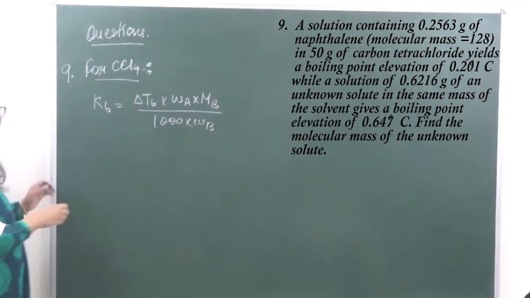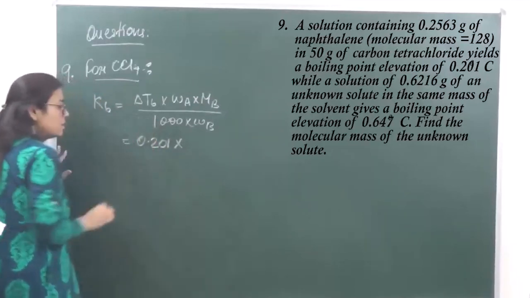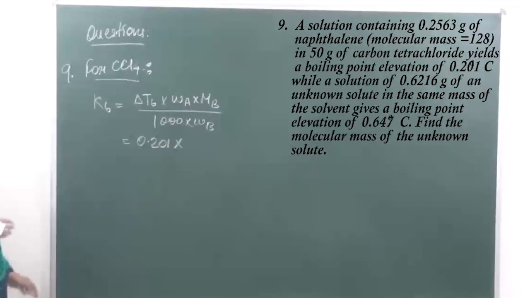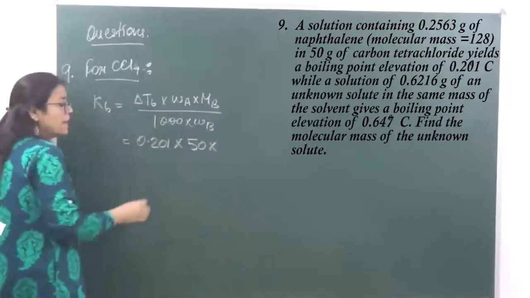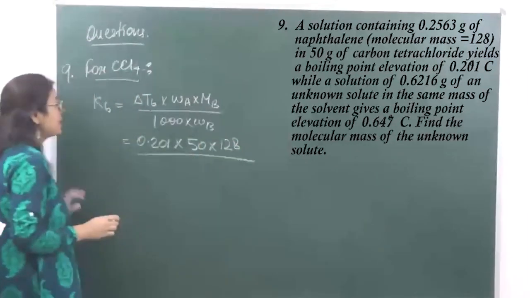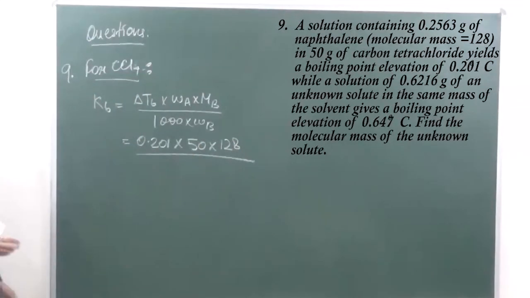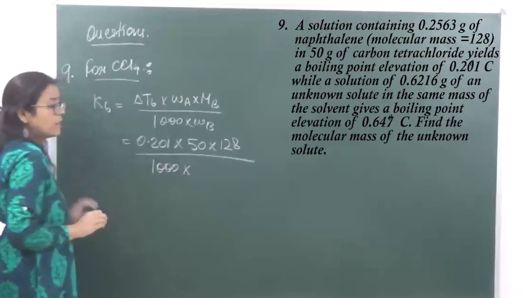Delta Tb is given as 0.201 into Wa, which is given as 50, into molar mass given to us for naphthalene is 128, okay, upon 1000 into Wb.